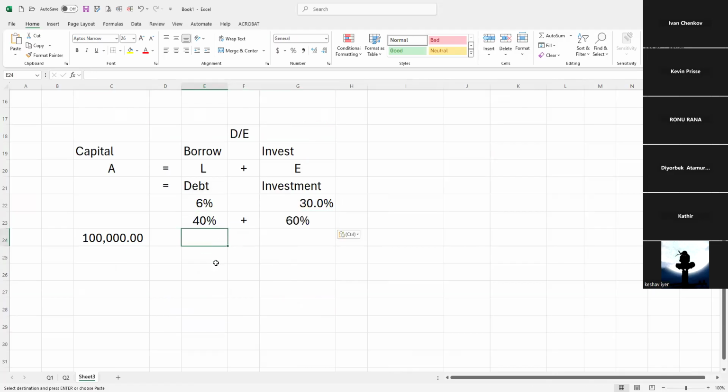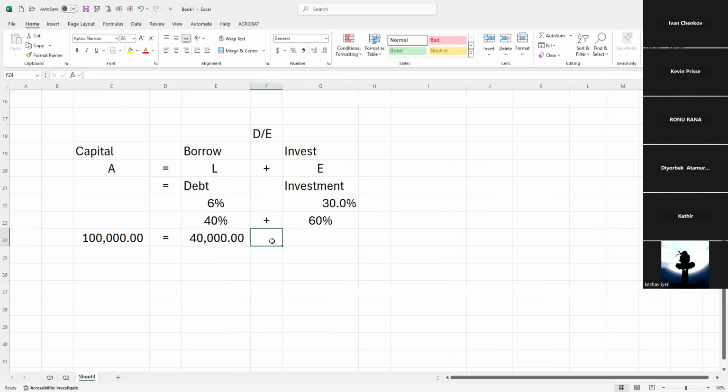How much is my borrowing as a dollar amount? 40,000, right? How much will my equity be in this case? 60,000, correct?